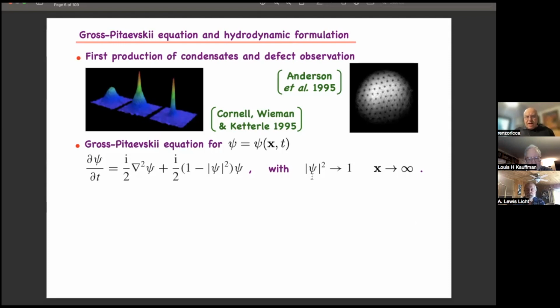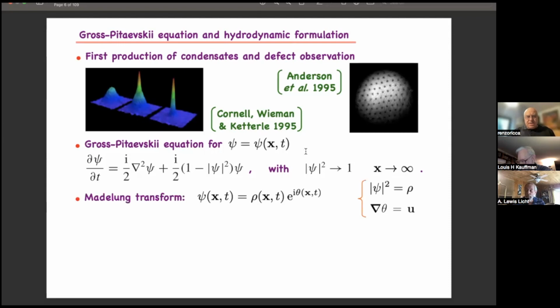So you see here the boundary condition. We assume that the condensate is everywhere, and as we go to infinity, this mod psi, the wave function, goes to 1, and the wave function psi is a function of the vector position x and time t.